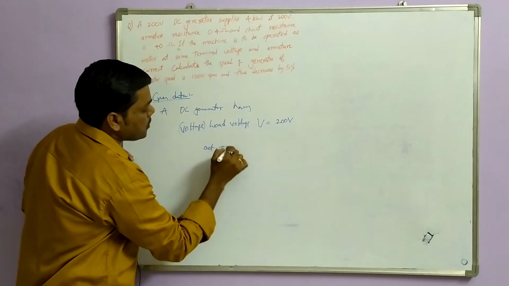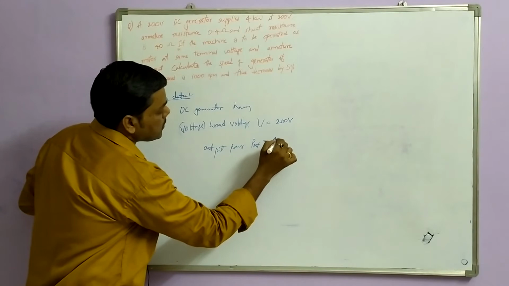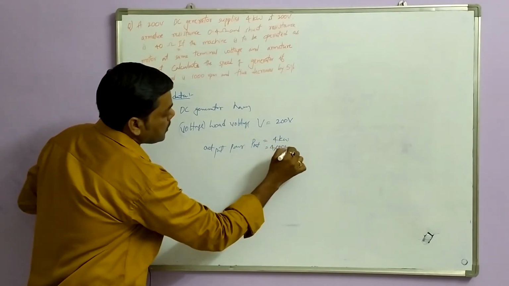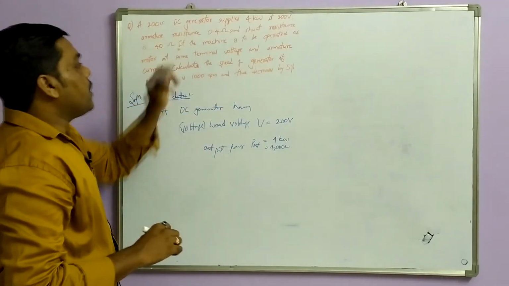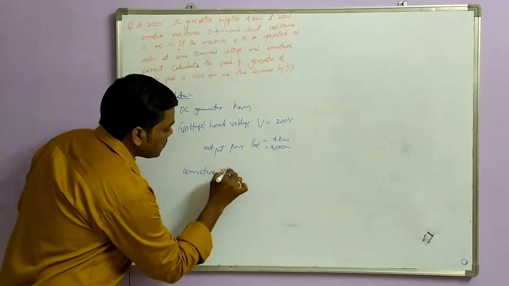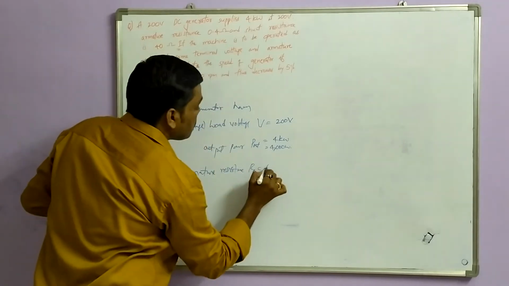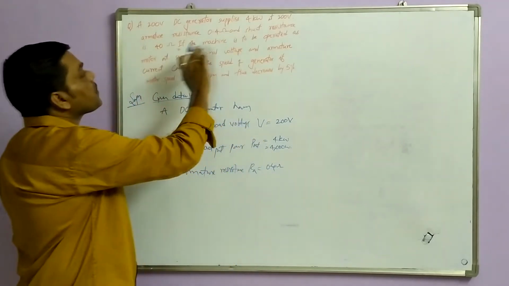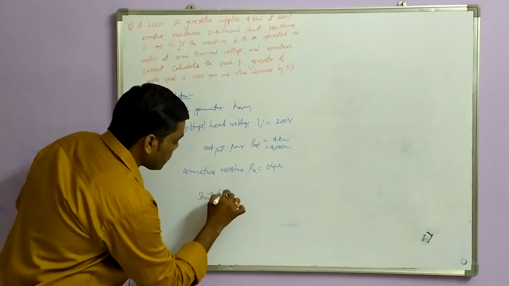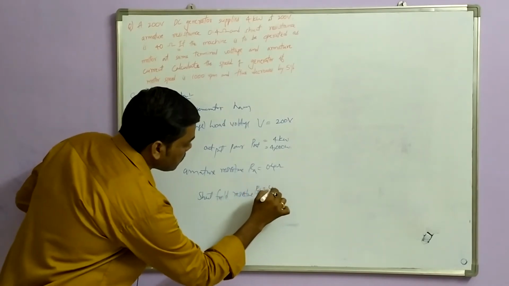Generator output is always electrical, so the output power is 4 kilowatts, which is 4000 watts. Armature resistance is given, Ra is equal to 0.4 ohms, and shunt field resistance is given, Rsh is equal to 40 ohms.